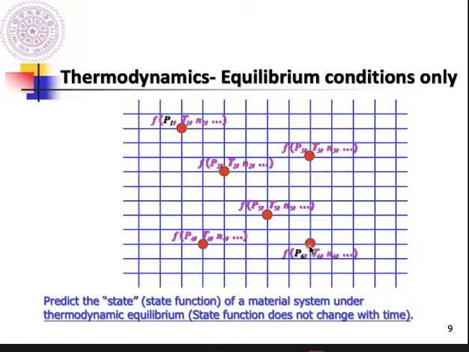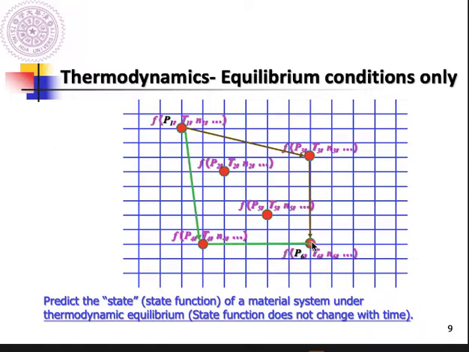You can choose either from state 1 to state 3, then move to state 6, or you can choose state 1, move to state 4, then move to state 6, right? But finally, this is the start point, and this is the end point.